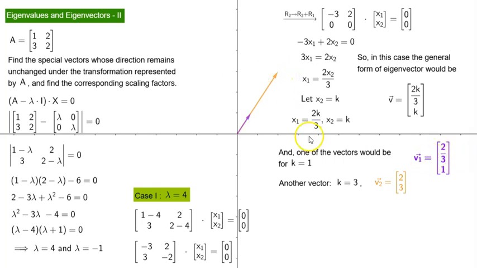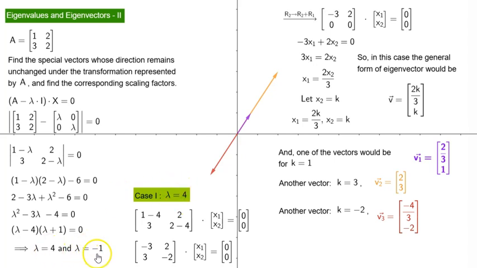This is v1 in purple. Another vector we could take is k equal to minus 2. So v3 equal to (minus 4 by 3, minus 2). So here the direction gets reversed, but it lies on the same line. So that was in case of the eigenvalue lambda equal to 4.